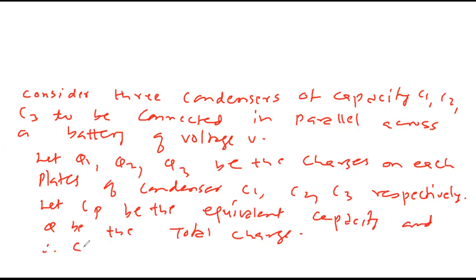Now, total capacity means total charge upon total voltage. So from this, charge is changing, so I'm separating: charge is Cp into V. Just copy till this. Then we'll get Q1, Q2, Q3.